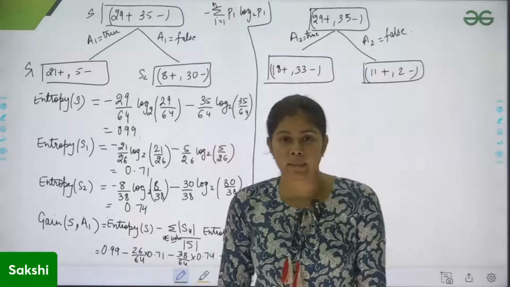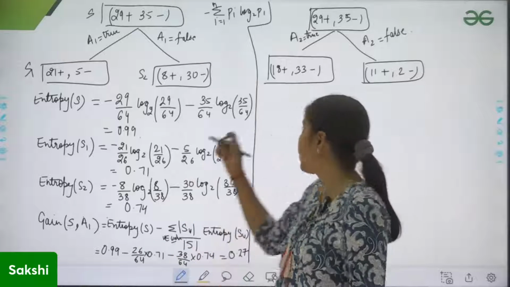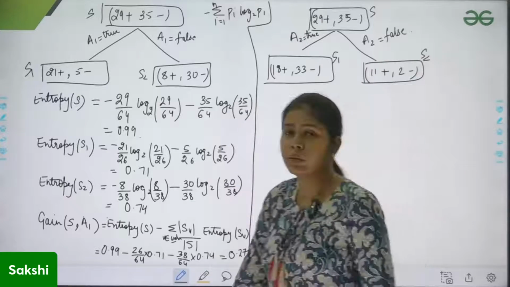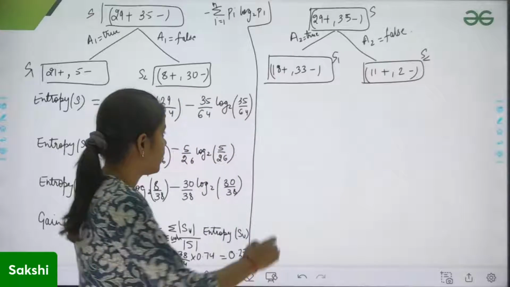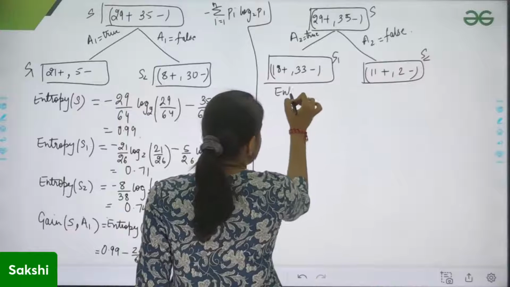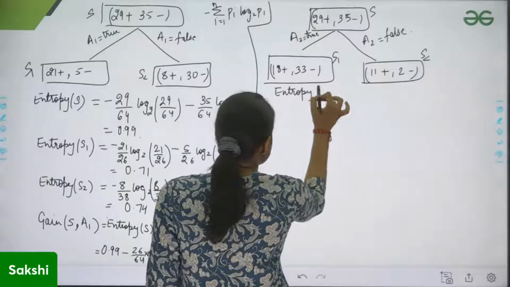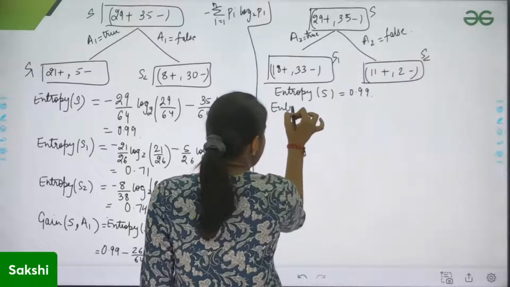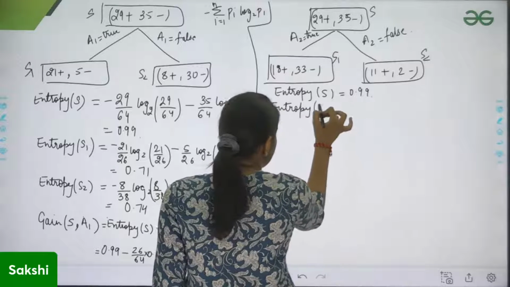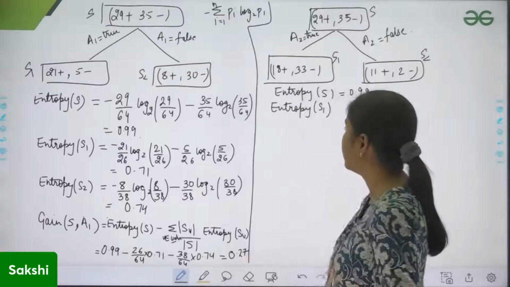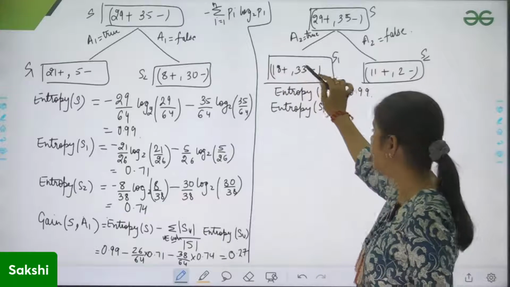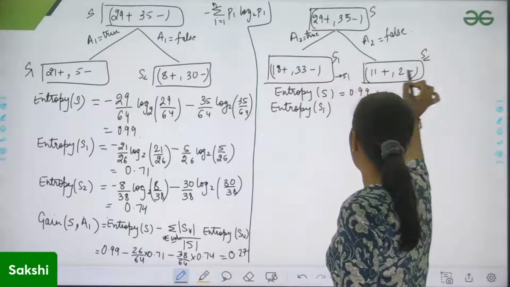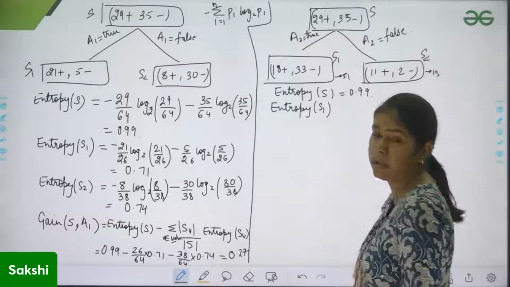Again, you have to do the same thing. You have to find the entropy of S. Let's consider this set as S, with subsets S1 and S2. I have already found the entropy of S, so there is no need to find it again and again. Entropy of S is 0.99. But for the entropy of S1, if I count the data points here, these are 51 data points, and here we have 13 data points in total.